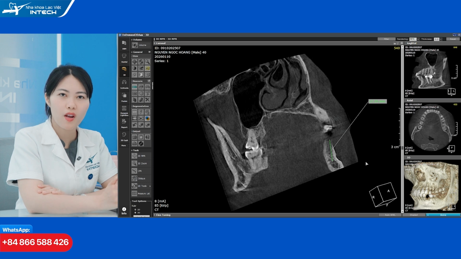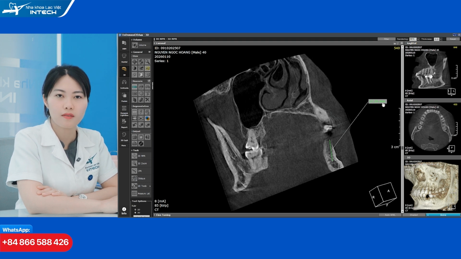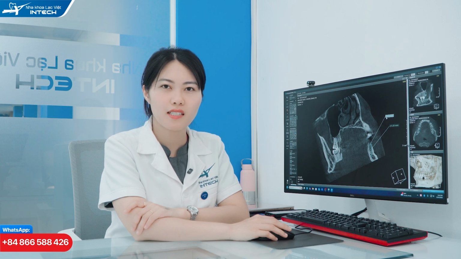The available bone height allows for implant placement of about 10 or 12 millimeters, and we have 7.25 millimeters here. In terms of bone width, we measure approximately 7 millimeters, so there is no need for bone grafting.